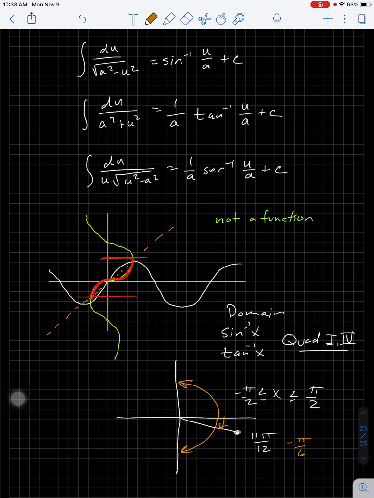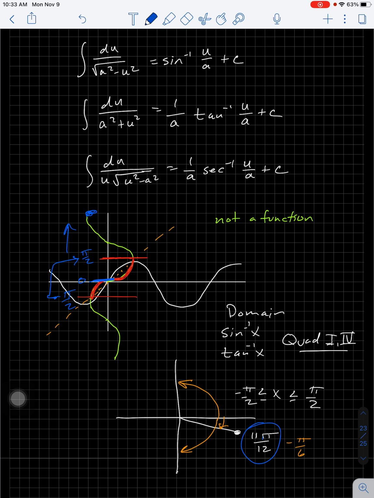And if you want to look at that on a graph, this part of the graph here is 0, and this is pi over 2, and this is negative pi over 2. So the red part of my graph is in this range right here. If you call it 11 pi over 2, that's a value up here on the graph somewhere, right? 11 pi over 2 is higher up on the y-axis.